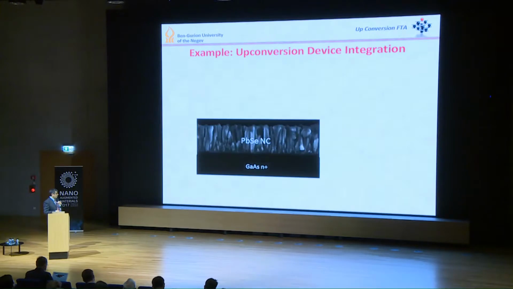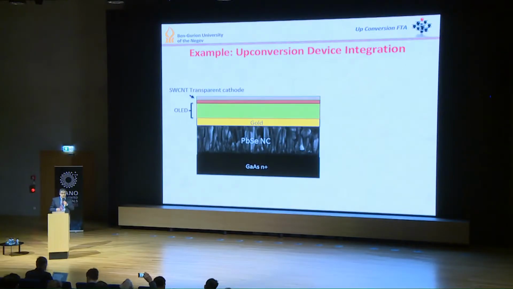And the device looks like this. We have a gallium arsenide wafer, which is a substrate and the infrared window. We have absorbing material, in this case lead selenide nano columns. We will not get into it. Then we have a pixelated gold, and on top of it we have OLED, and on top of it we have the transparent cathode, which in this case is single-wall carbon nanotube.